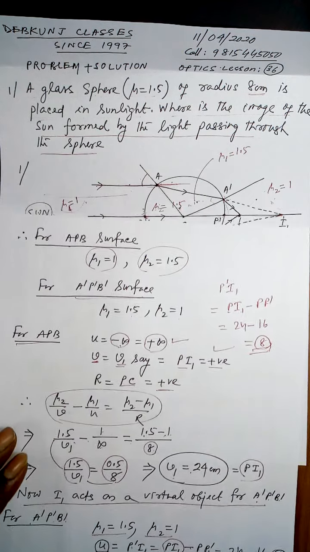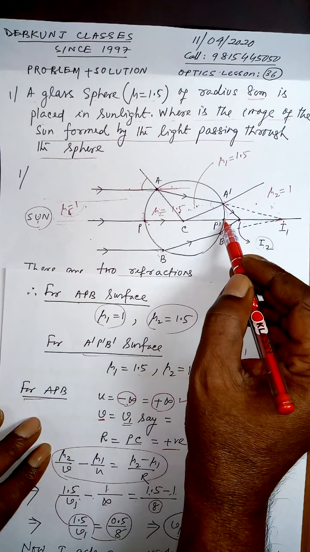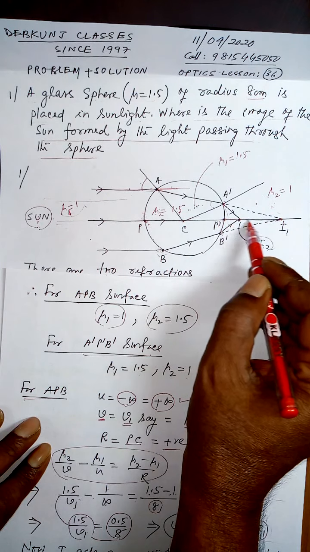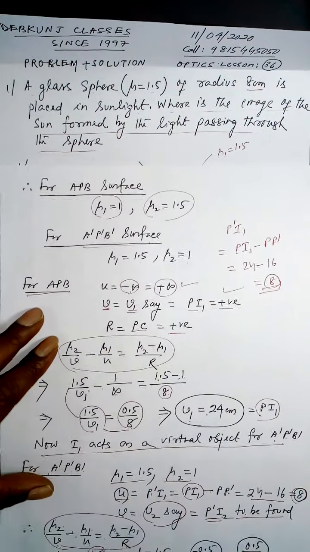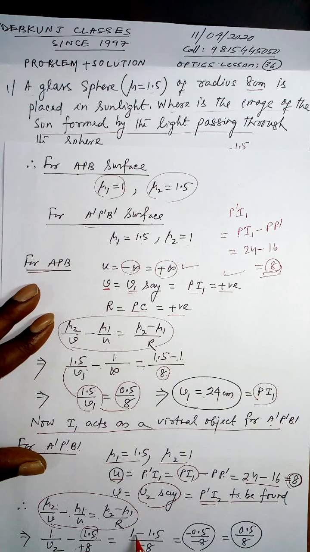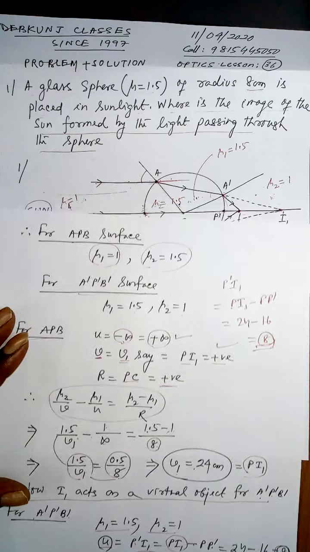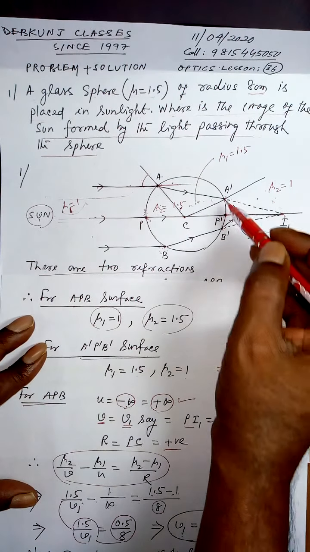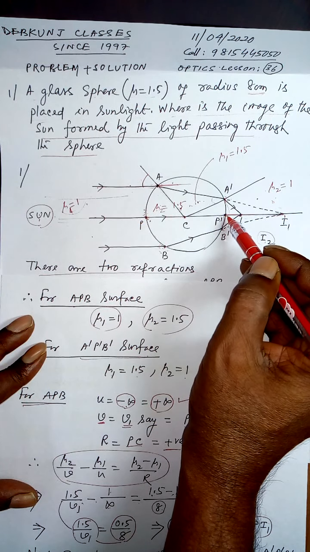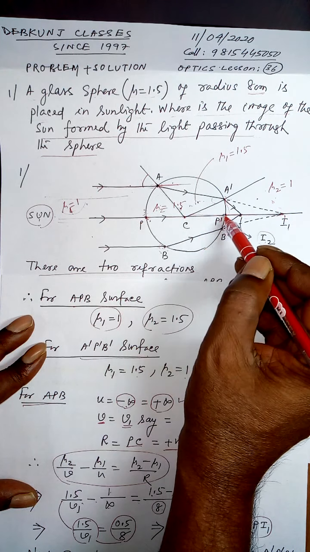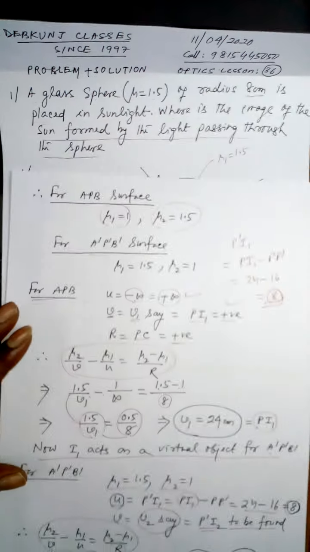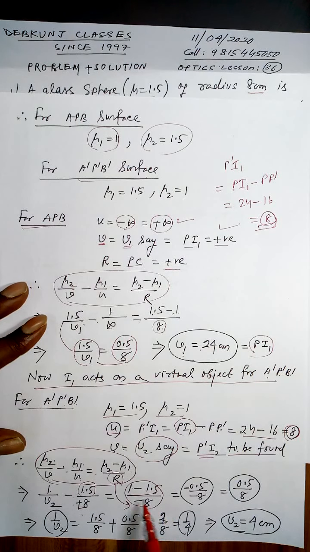Why is this plus 8? Object distance from P dash to I1 is in the direction of light, therefore positive. Now mu2 minus mu1 is minus 0.5, divided by minus 8. Why is R minus 8? For this surface, the radius of curvature is from P dash to C, opposite to the direction of light. Therefore it is negative. So this becomes minus 0.5 over minus 8, minus cancels, 0.5 over 8.